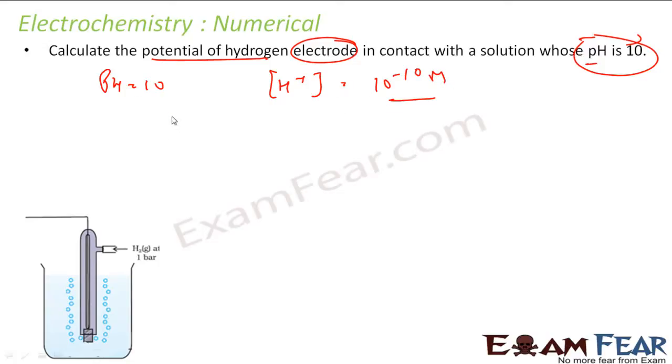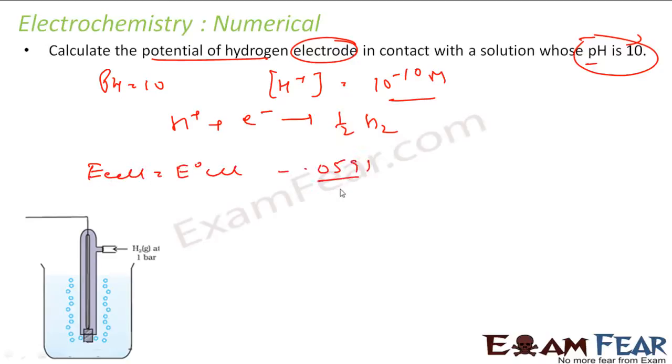The reaction we have for the hydrogen electrode is H+ gets an electron and you get hydrogen gas, right? So E cell is nothing but E0 cell minus again 0.0591 by n log of Q at standard condition. Its E0 cell is 0 minus 0.0591, number of electrons transferred is 1, log of Q. What is Q? Q is nothing but concentration of hydrogen gas divided by concentration of H+, right?